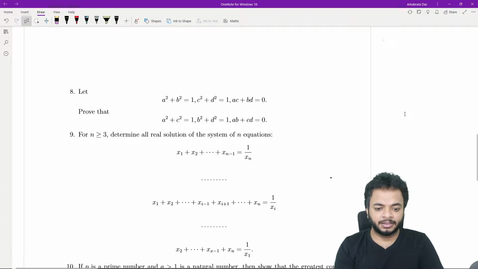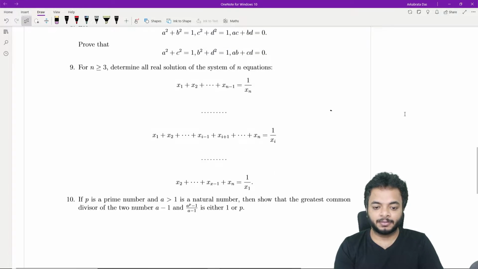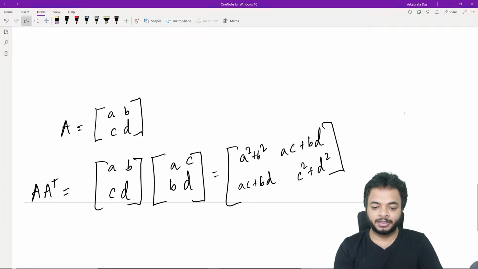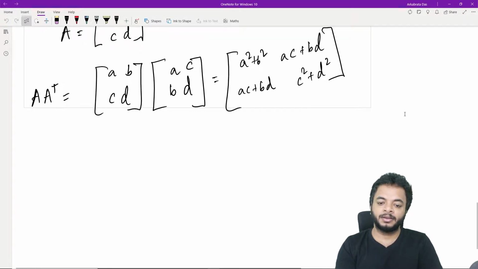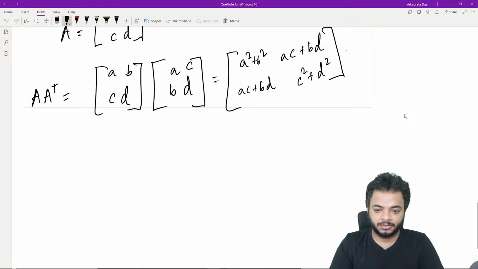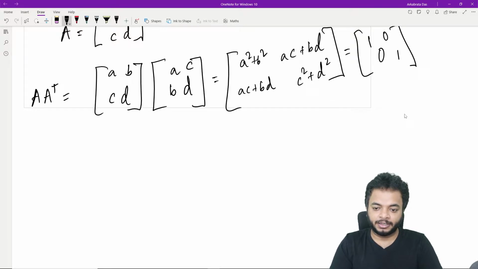Now you see that a squared plus b squared and c squared plus d squared are given to be 1, and ac plus bd is 0. So this boils down to the matrix with rows 1, 0 and 0, 1, the identity matrix. So A times A transpose equals the identity matrix.